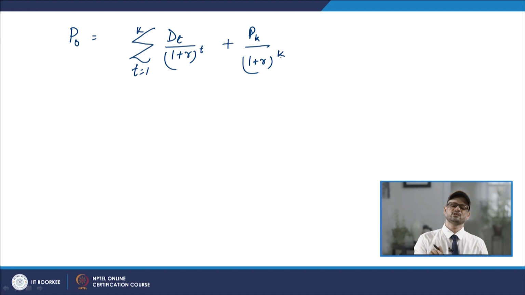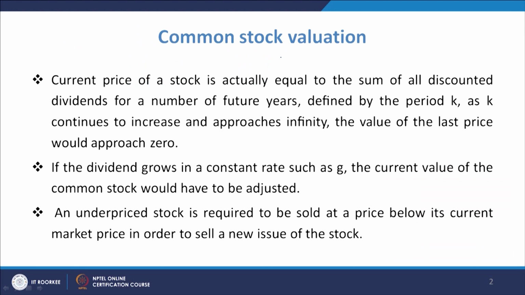From this you can say that the current price of a stock is equal to the sum of all discounted dividends for a number of future years defined by the period k.